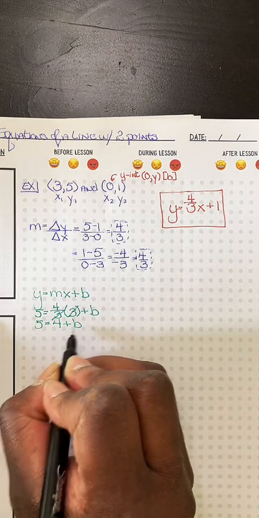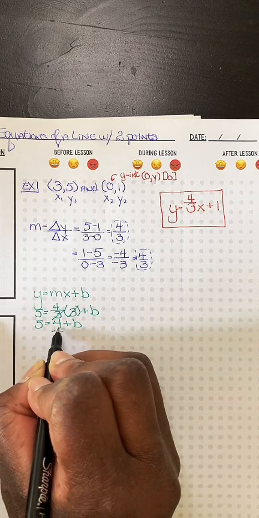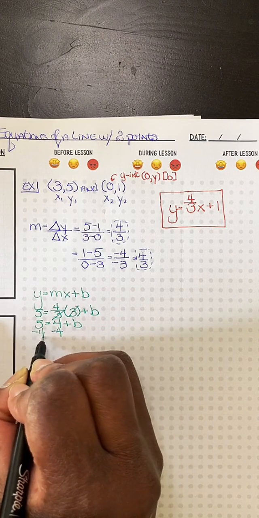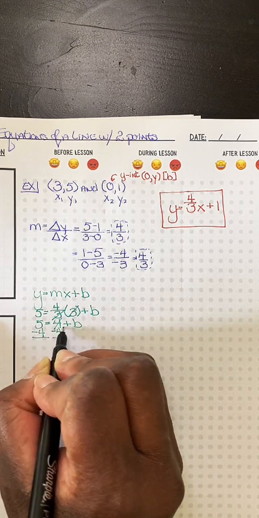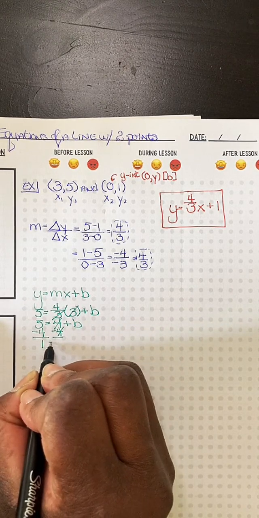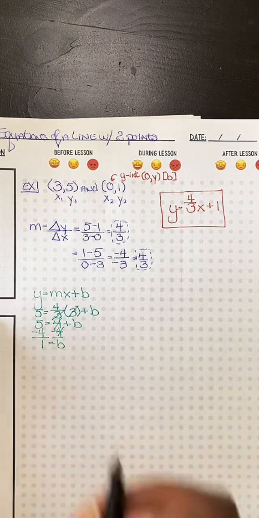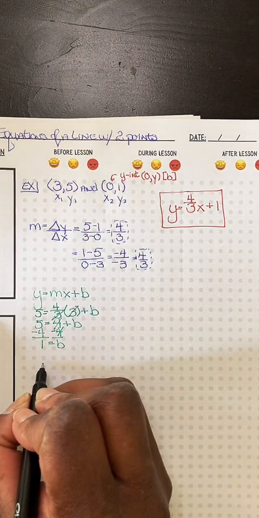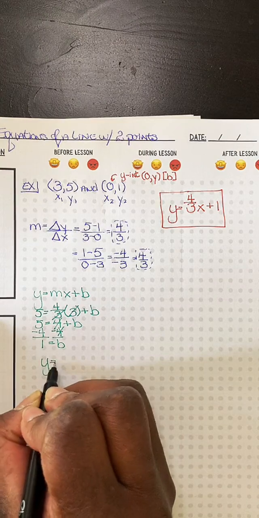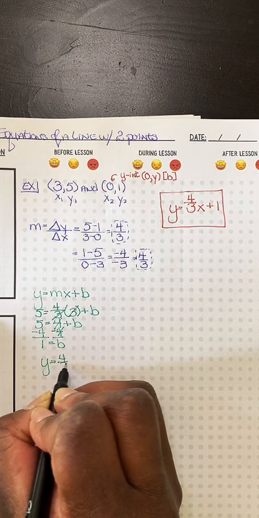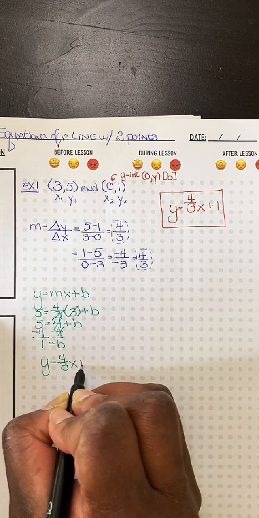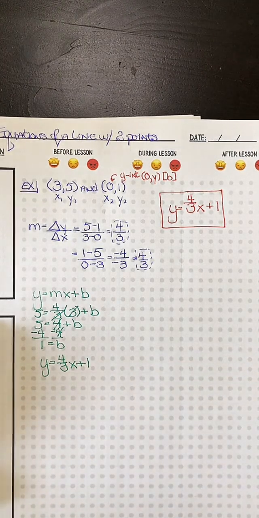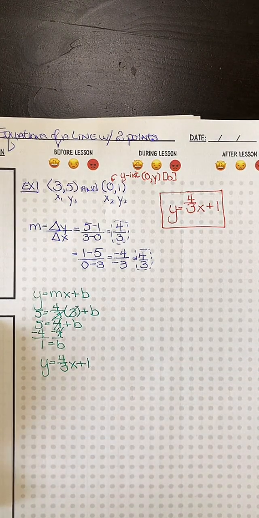Now I want to isolate my b, so I need to subtract this 4 on both sides, which gives me 1. That means the equation will be y equals 4/3 x plus 1. That's one way.